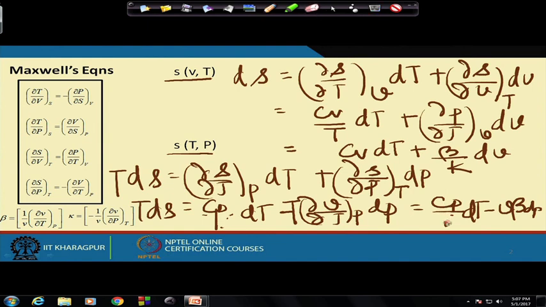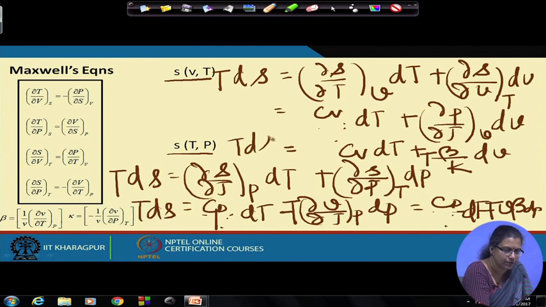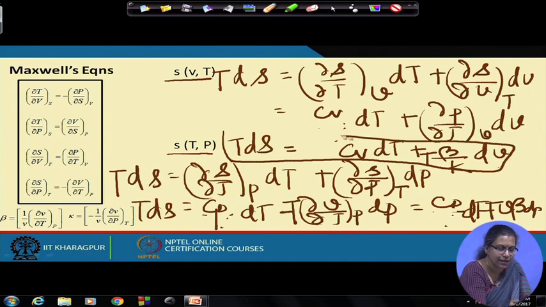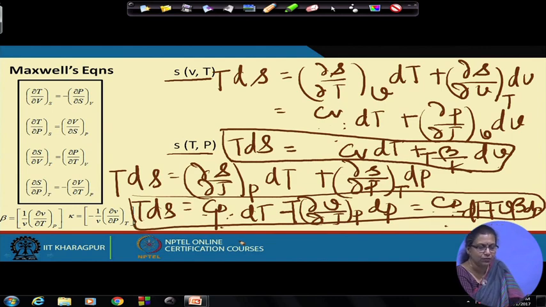Here also, if I would like to express it in terms of the TdS equations, then the equation can be written in the form TdS equals Cv dT plus T times beta by kappa dV.